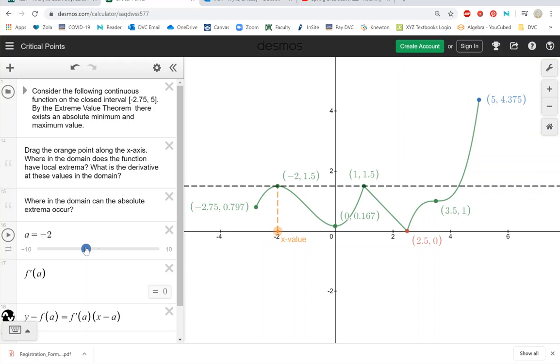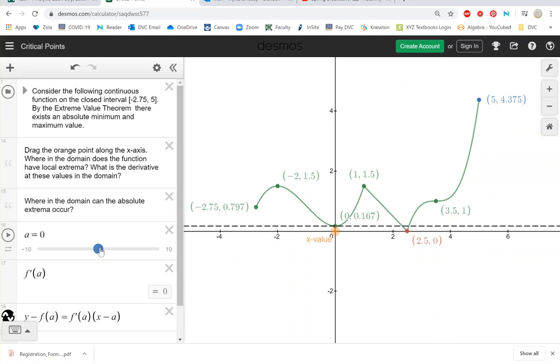So right here where we had a local max, the derivative, f prime of minus 2, is 0. We got a horizontal tangent. Similarly, right here, when x is 0, the derivative at 0 is also 0 because I have a horizontal tangent. The slope of a horizontal line is 0. And that's a place where we had a local min.